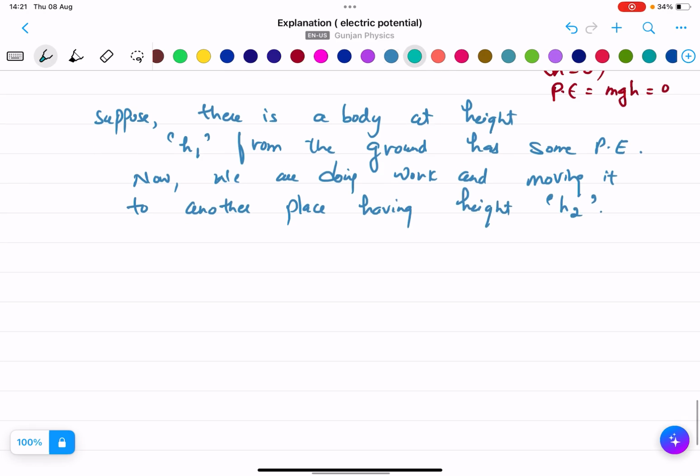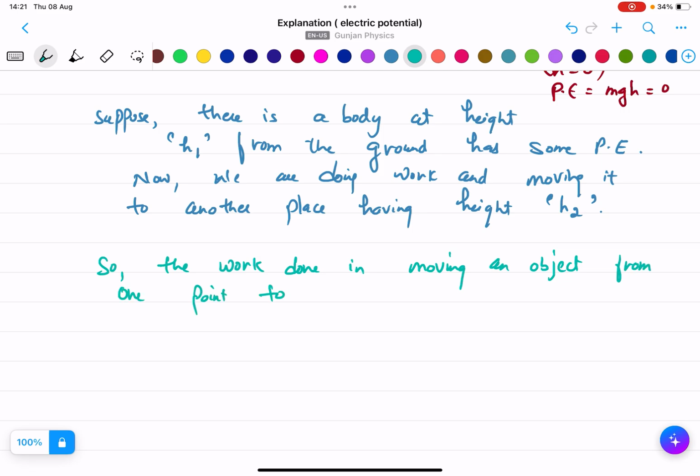Okay, so the work done in moving an object from one point to another point is called potential difference. Okay, so I hope the potential difference and electric potential is clear to you.